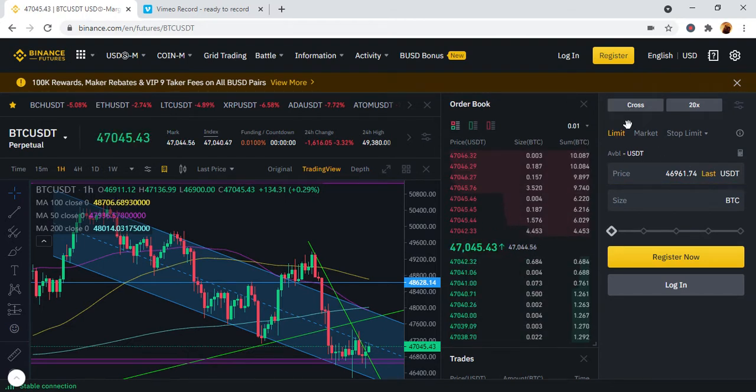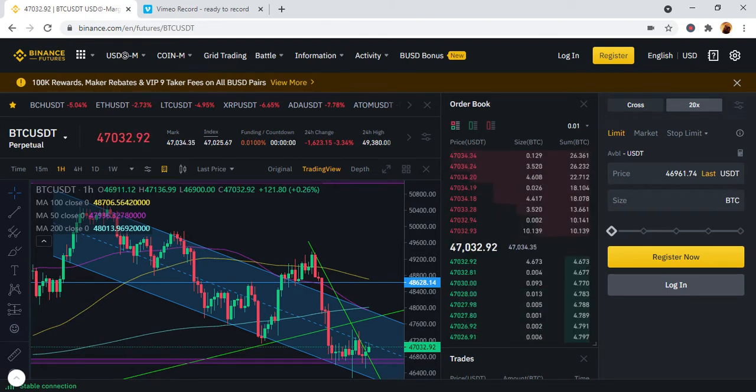So, cross. There are types of trades you can open. You can either open a trade in cross margin or isolated margin. Cross margin means that you are opening those trades with the total amount in your account. Let's say you have $100,000 in your account, you're opening that particular trade with that large sum of money, whereas isolated simply means that you are isolating that trade.